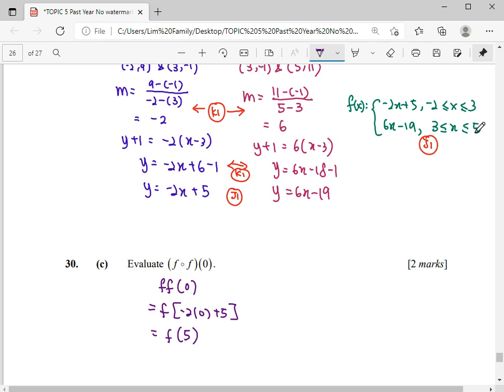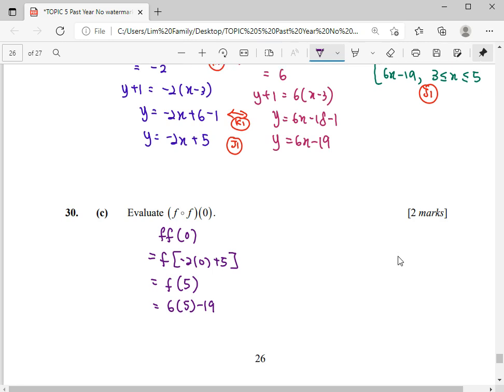So for the next function, we are going to pick 6x minus 19. We have to pick the correct function according to its interval. So when I got 5, I pick this function. That's why I substitute 5 into 6x minus 19. So here we get 11.